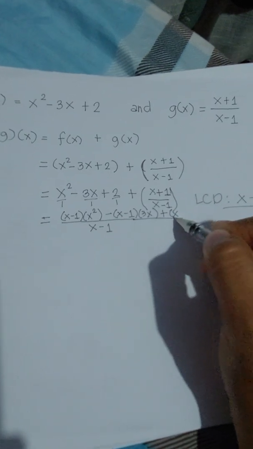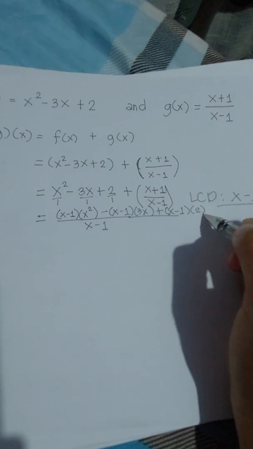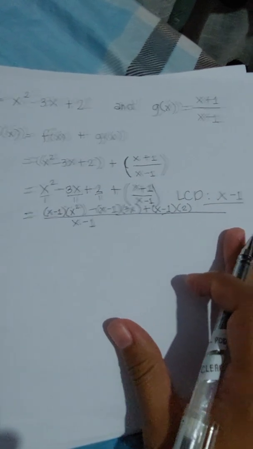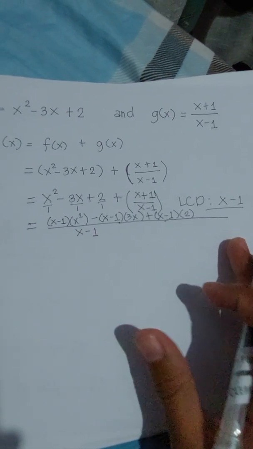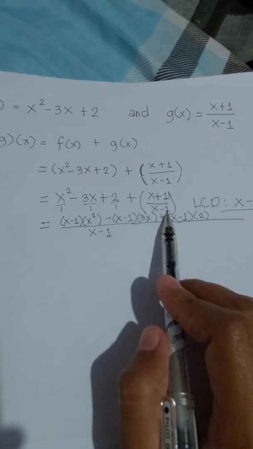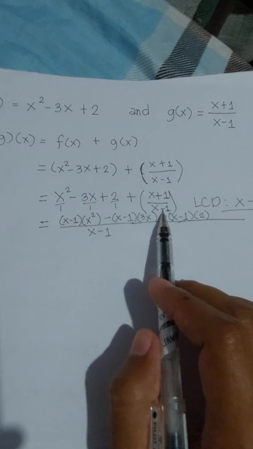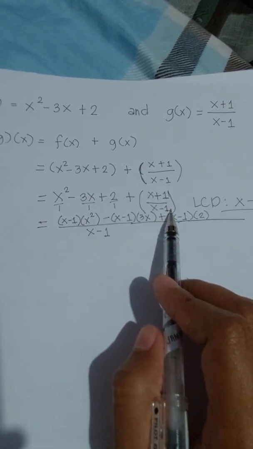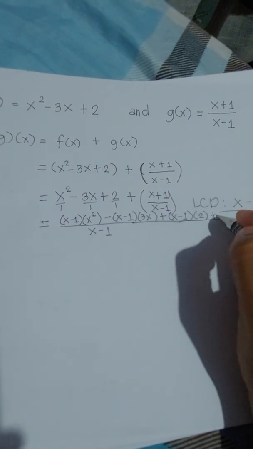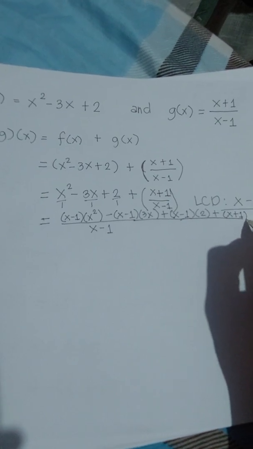So x minus 1 times 2. Okay, next. X minus 1 divided by x minus 1, the answer is 1. Again, x minus 1 divided by x minus 1 is 1. Therefore, 1 times x plus 1 is equal to x plus 1.